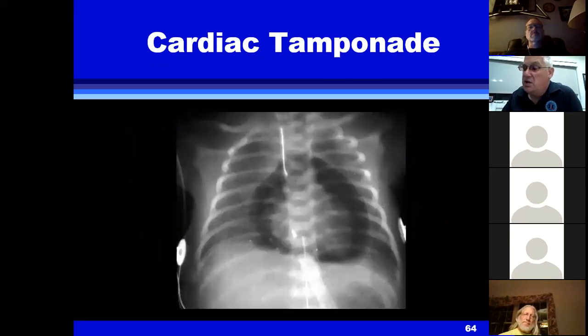The only thing, if you really want to do a good assessment, so this is showing you cardiac tamponade. This is the pericardial sac, and it's usually touching the heart. So you don't see this big border. Because it's filled, in this case, with infectious fluid, you see it showing, and it's basically not allowing the heart to expand. So if the heart can't expand, the ventricles can't fill with blood, and the patient will ultimately die.